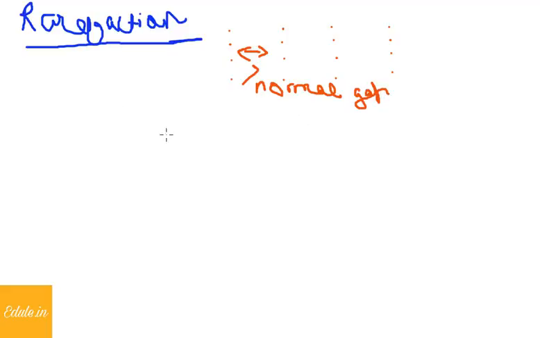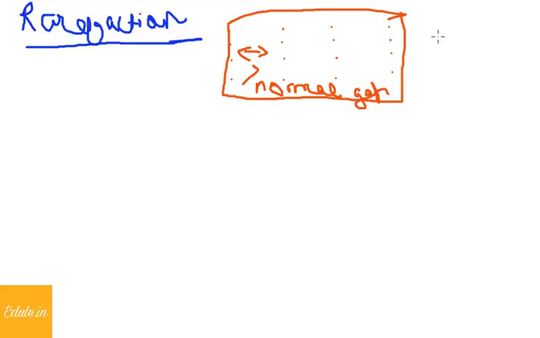Let me just confine it in a box. These are the particles, and if a normal gap is taken to be like this, this is the normal gap, that is the area of compression.